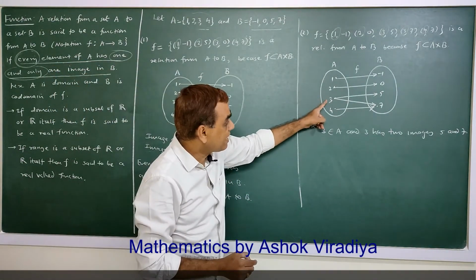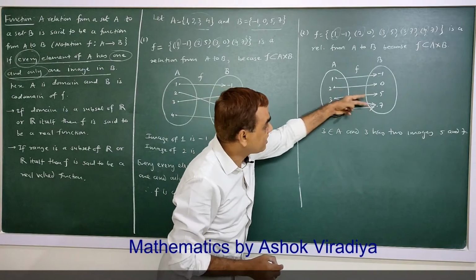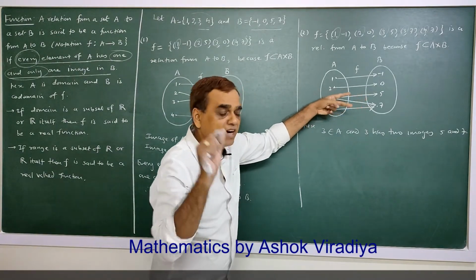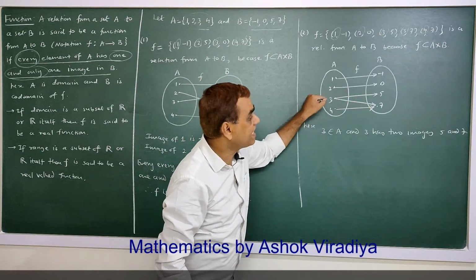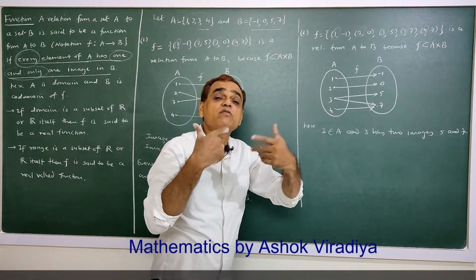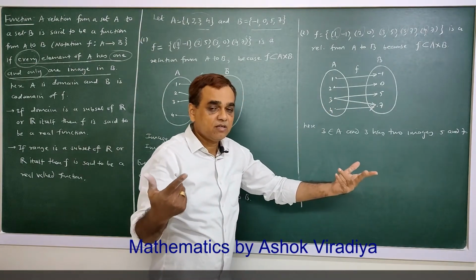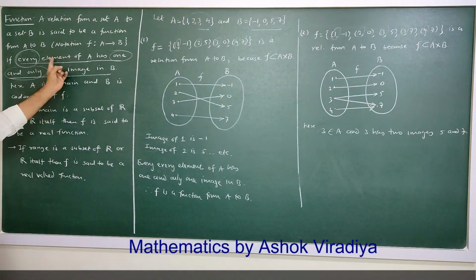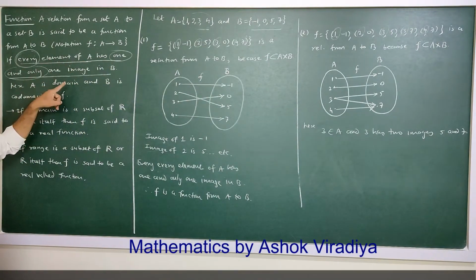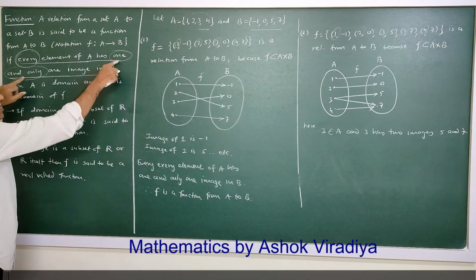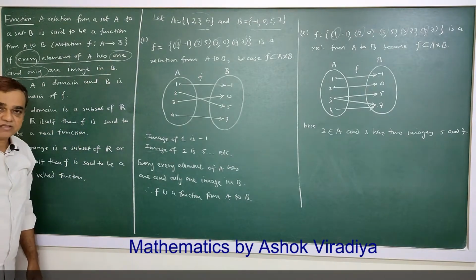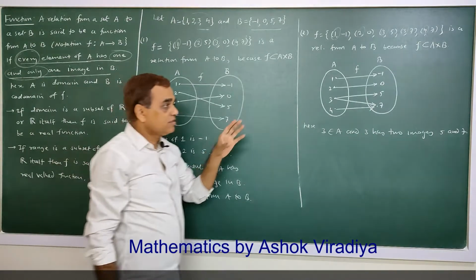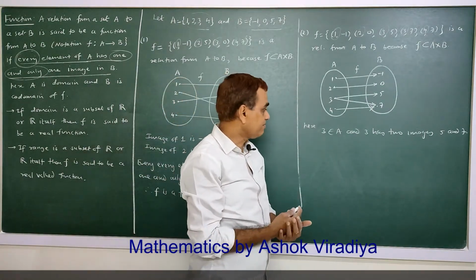There exists an element which has more than 1 image. If you find more than 1 arrow coming from any element, that means it has more than 1 image. That is not allowed. The condition is every element must have 1 and only 1 image. So this condition is broken, so this relation is not a function.